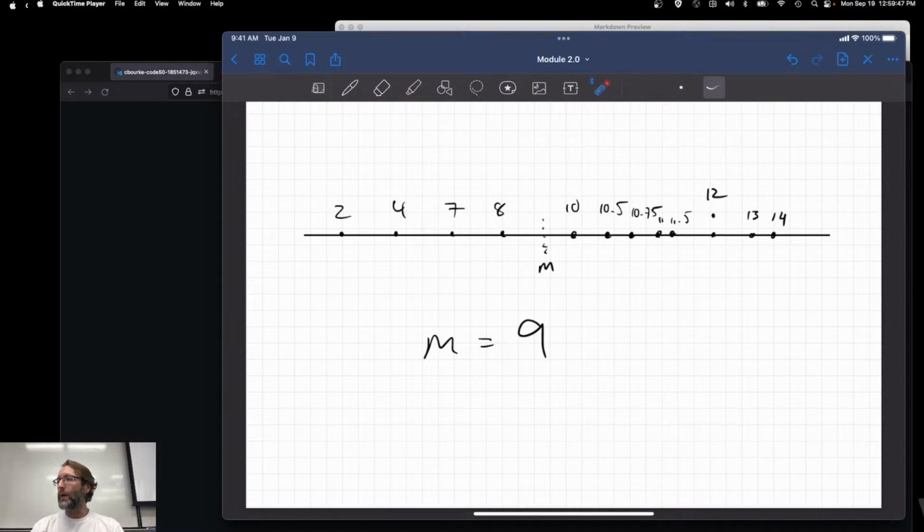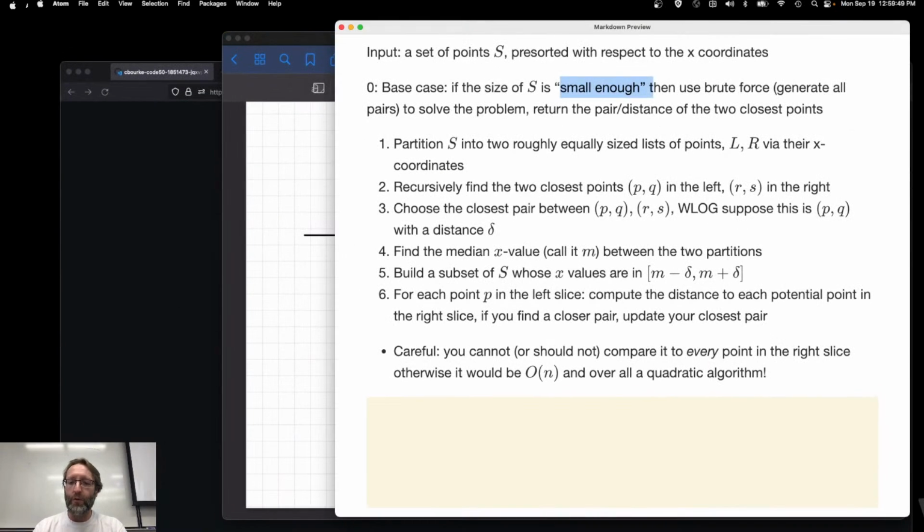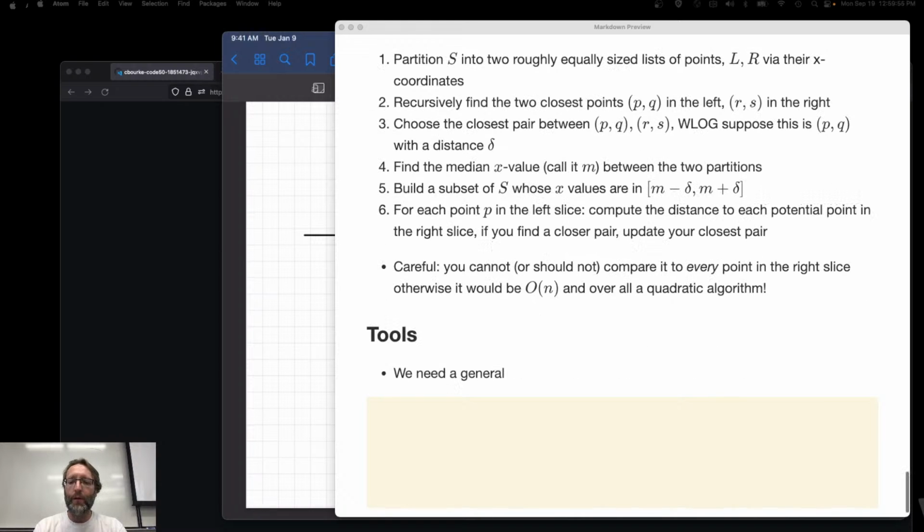So my goal here, one of the tools I need, right? We need a couple of binary search implementations.